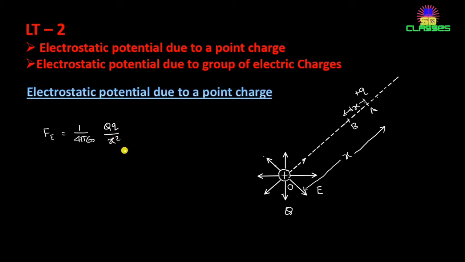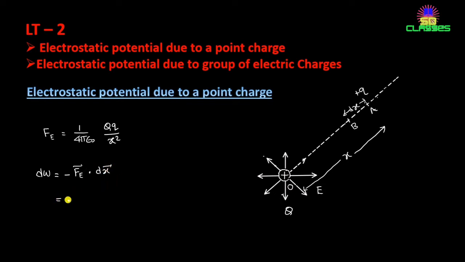Okay, this is the electrostatic force at the point A. And against this force you want to bring a charge from A to B. Okay, so the work done will be negative of Fe. Why negative? Because I am doing work against it, right? Against the electrostatic force.